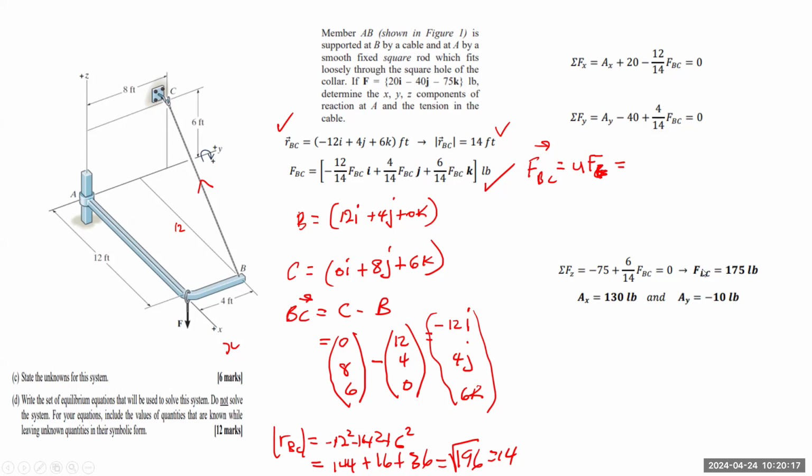So we need a tension FBC, right? So FBC is not known. So we need FBC, which is the tension going in that. Right? We have actually worked out a value here, but is this the correct value? All right. So now it says, so those are some of the unknowns.